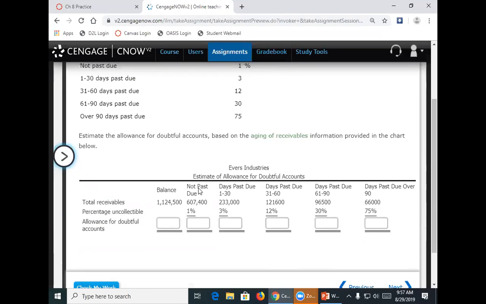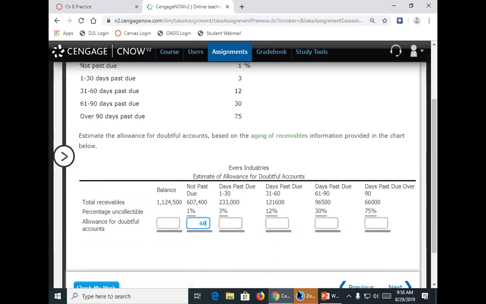So what we're doing here is truly just going to, they've already given us the totals and they put in the percentage uncollectible. So this part's the easy part. You're truly just taking on the not past due, you're taking 1% of 607,400. Okay, well, that's easy, right? You can just take off a couple zeros.